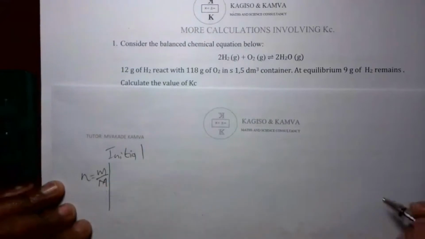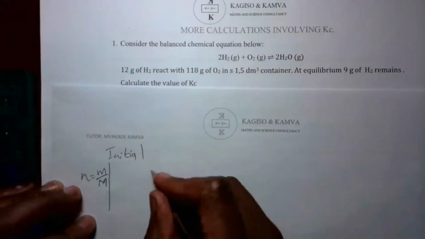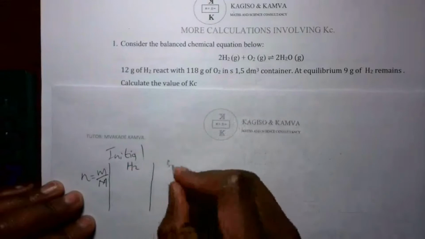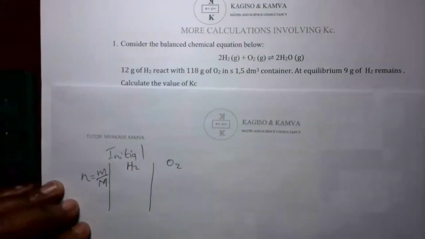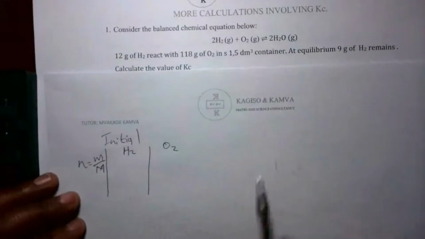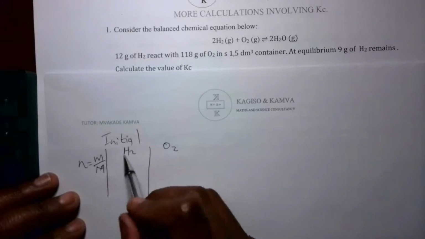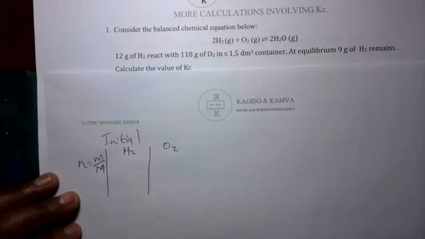I want the number of moles initially, so I will have to use the periodic table to find the molar mass of H2.